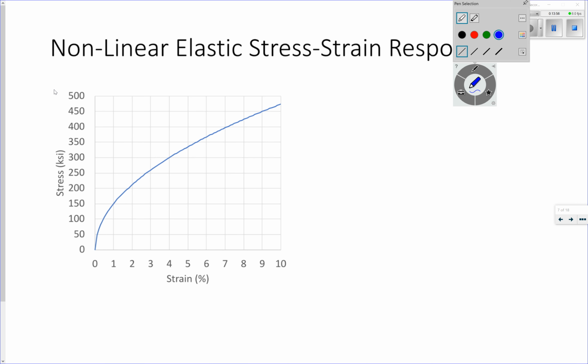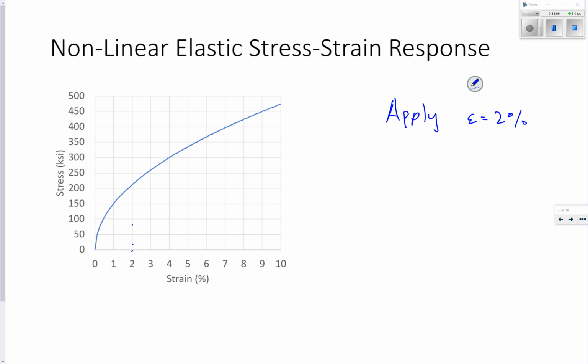So I'm going to apply that load that results in a strain of 2%, and I get a stress within my material of about 210 KSI. I take that off.